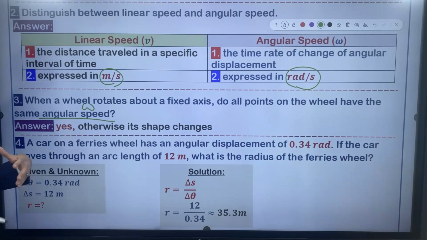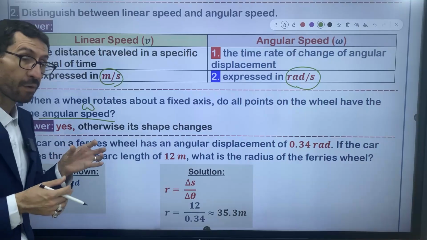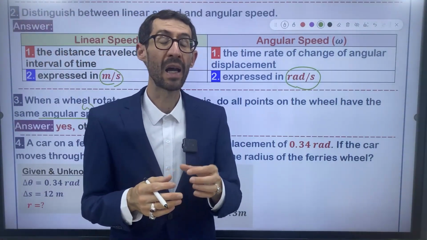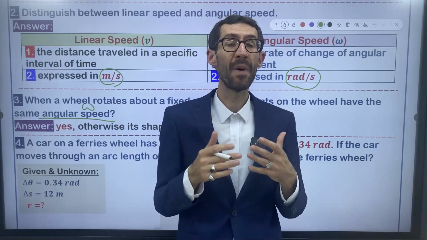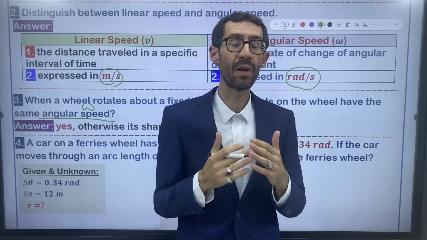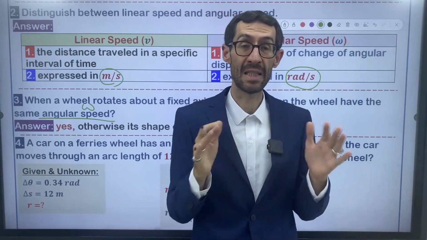Is it possible for each point on the wheel to have the same angular speed? Of course. I told you, and I emphasized this information: keep in mind that angular information remains constant.